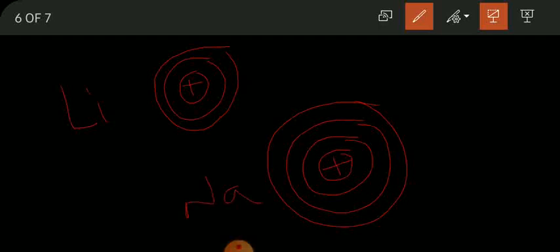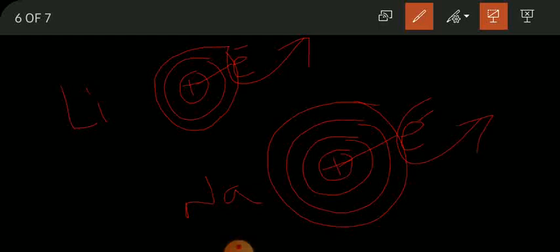Lithium is above, sodium is below. So the atomic radius of lithium is smaller compared to sodium. Here there is one electron. So is the removal of this electron easy or the removal of that electron easy? Which electron can be removed easily? Here the distance is more.